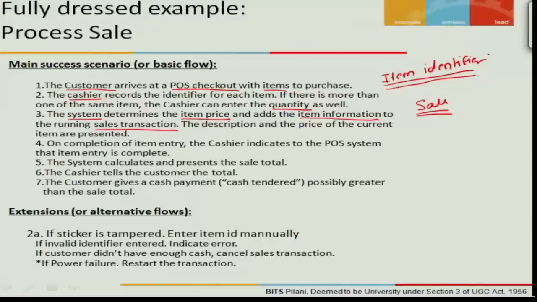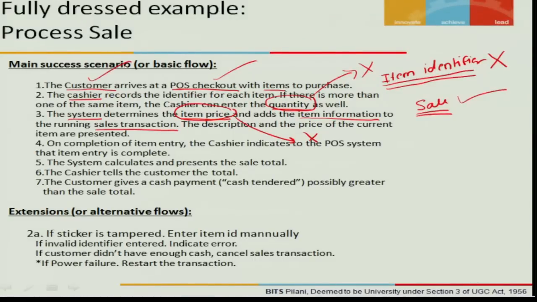So you cross out all the nouns which are not domain concepts but attributes. Quantity is again an attribute, so you cross it out. Nouns which are attributes cannot be domain concepts. Item price is again an attribute, so cross it out. Sale transaction, yes, it can be a domain concept.